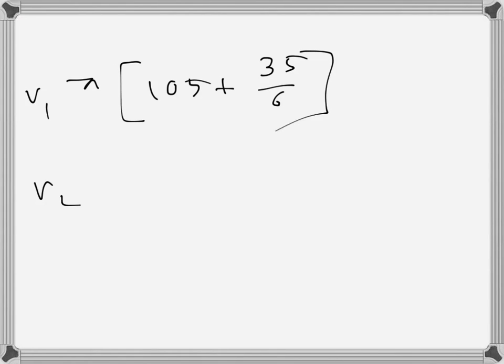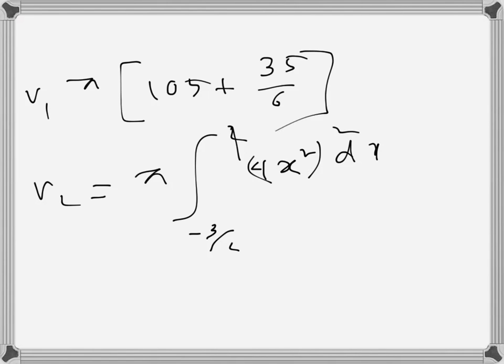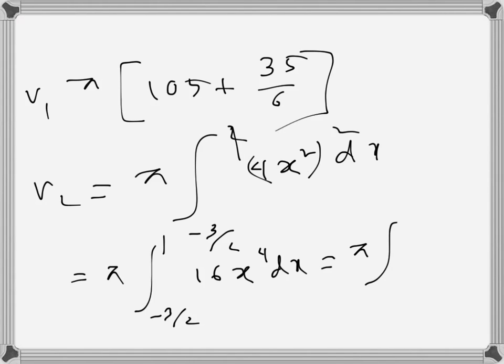Then if we look at volume 2, this one will be pi again, from minus 3 over 2 to 1, and the expression is 4x square, whole square, dx. So that will become 16x to the power 4 dx, with pi here, so that will be 16x to the power 5 over 5, between 1 and minus 3 over 2.